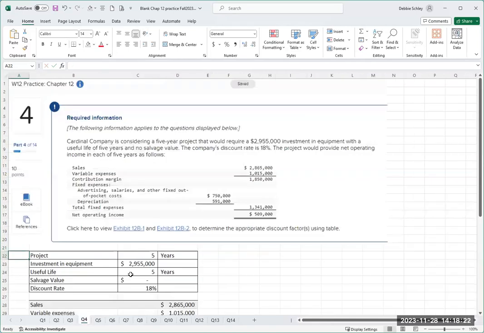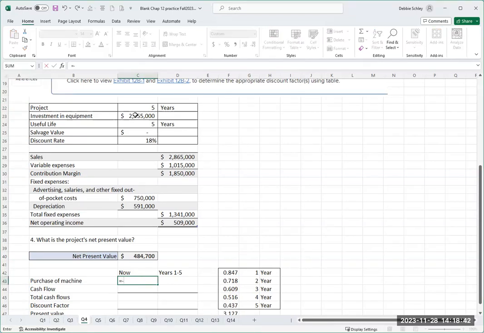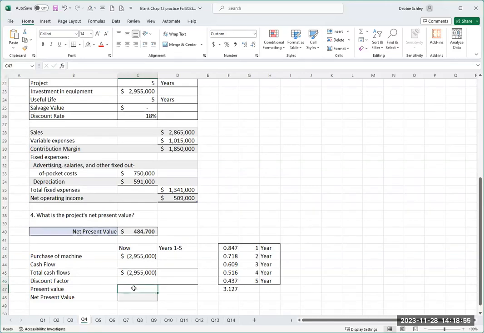Okay, question 4. What is the project's net present value? So if you remember, present value is just the value of the cash flow. Net present value, you take the in and outflow of cash. And so the now is a negative of the investment in the equipment. And that is just the total for now. And there is no discount factor because it's now.